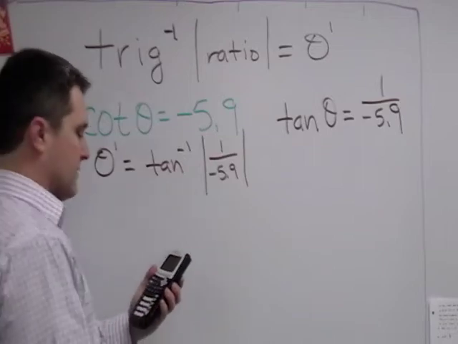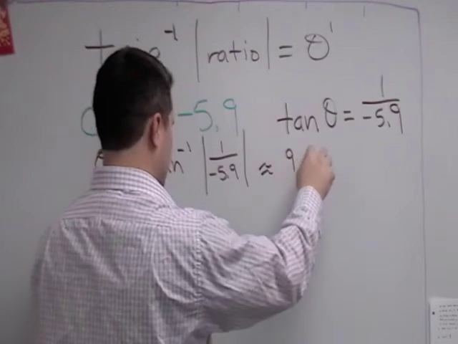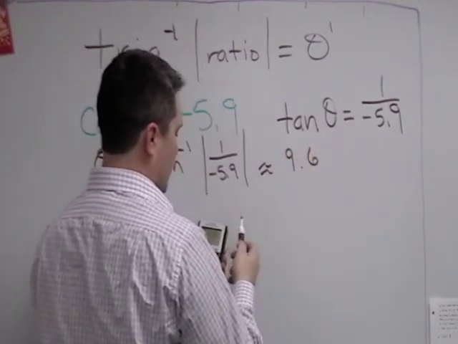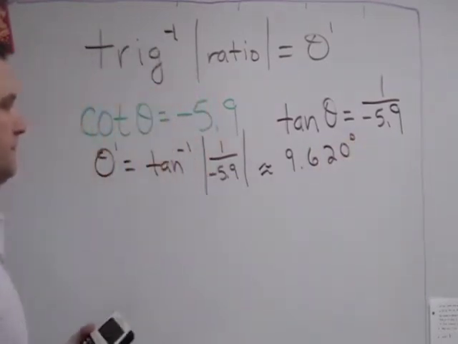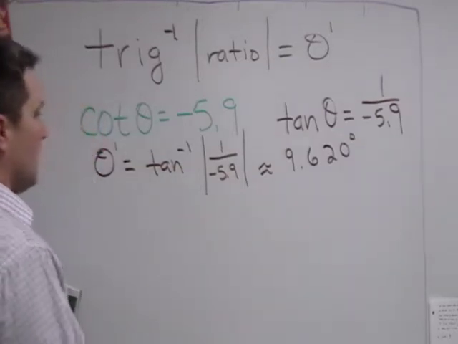And I get a very small degree, 9.6197, so it's going to round to 9.620 degrees. That's the reference angle.